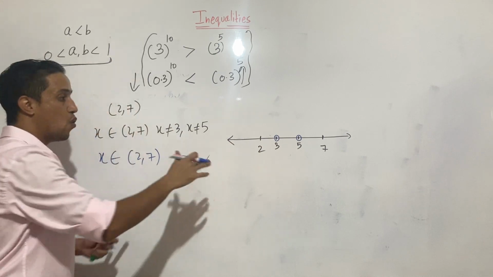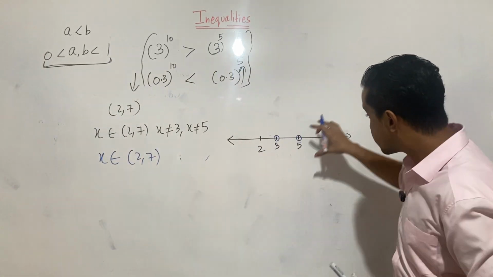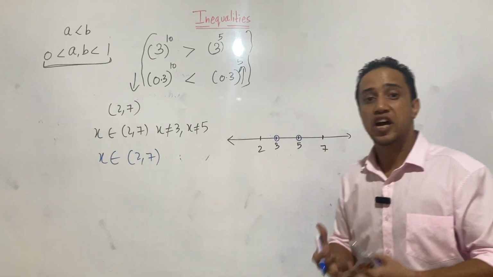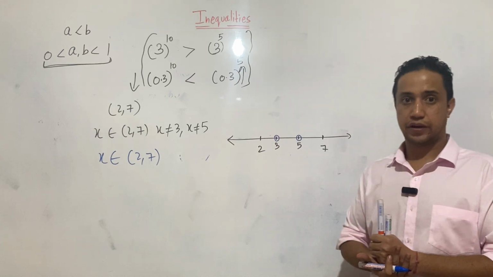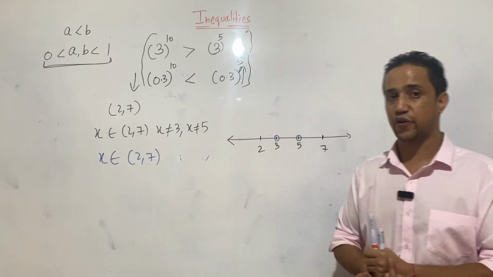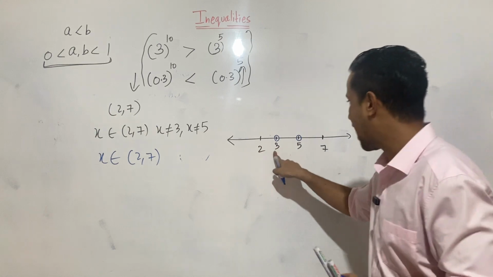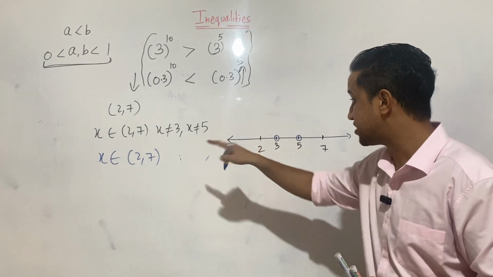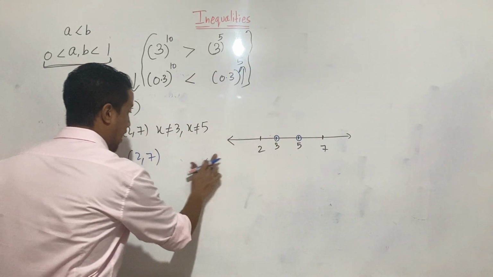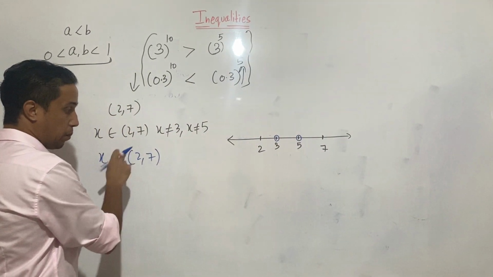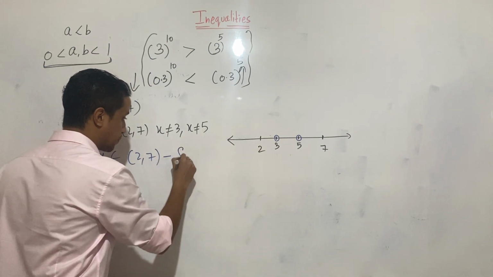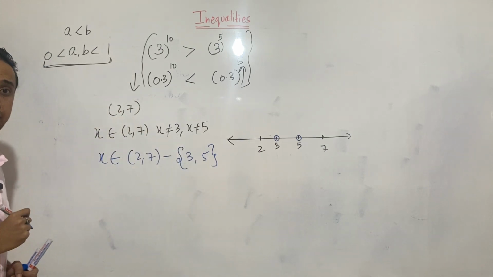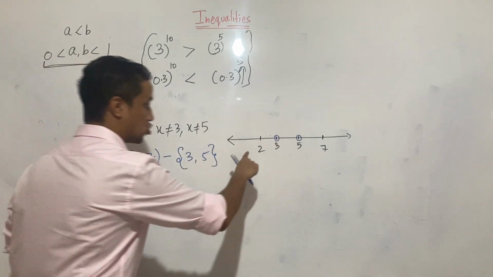Now see here, when you have to exclude some points from the interval, then you have to use the set form, set builder form or the roster form. For example, if I have to exclude these 2 points from this interval, I have to say open interval 2 to 7 minus {3, 5}. Understand?